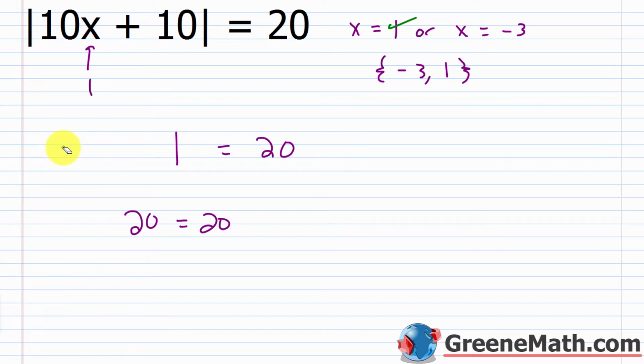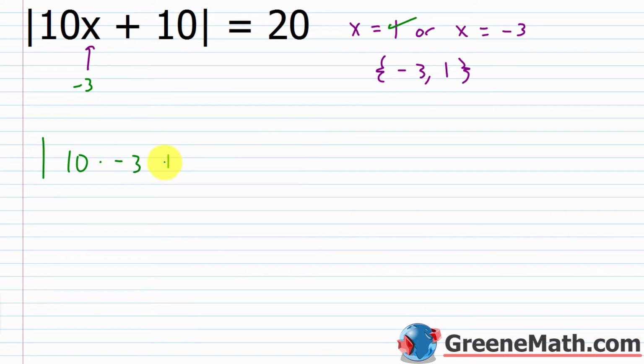The other one, again, that's the one that confuses people, and that's the one that people just don't think about. So if I plug in a negative 3 there, I would have the absolute value of 10 times negative 3 plus 10. This should equal 20. 10 times negative 3 is negative 30. So I would have the absolute value of negative 30 plus 10, which is negative 20, and this should equal 20.